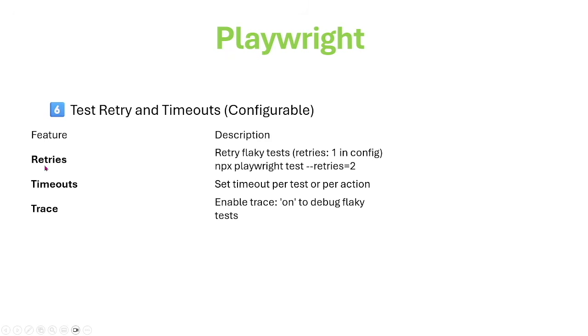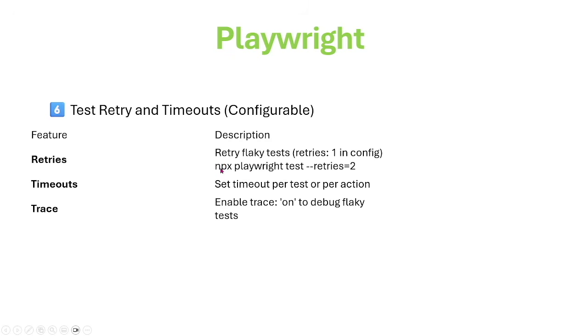Yeah, here is the feature retry. Retry is a general way to retry flagged tests. Sometimes the loader is slow and the test cannot pass, and on the second or third retry it passes. In general, from a config file you can decide the retry times.